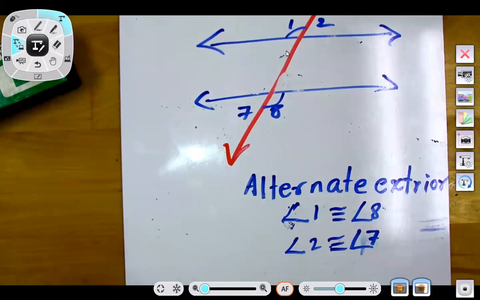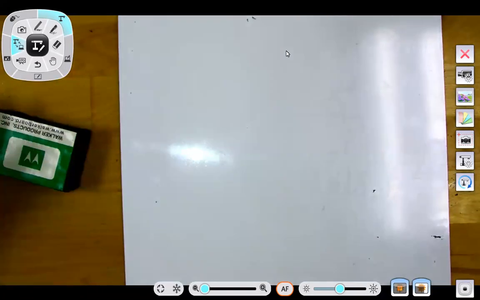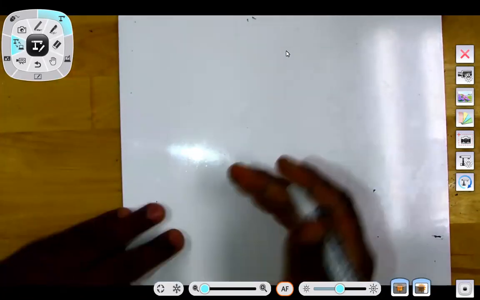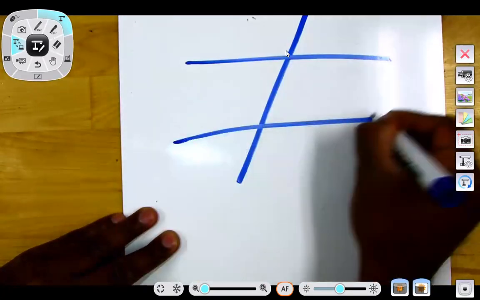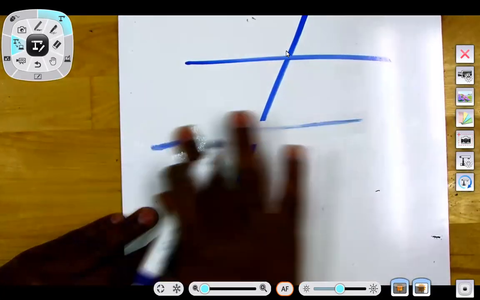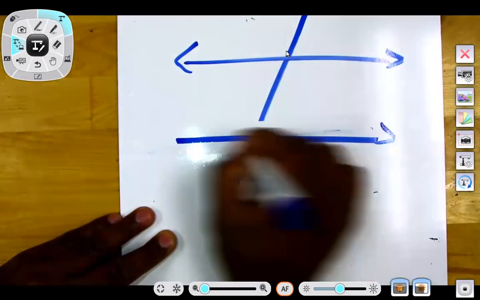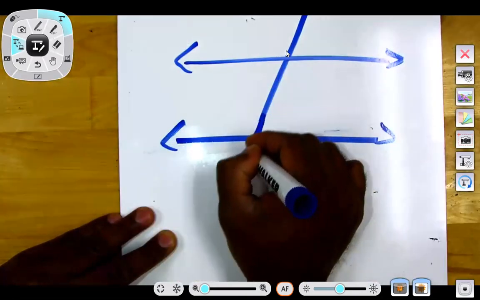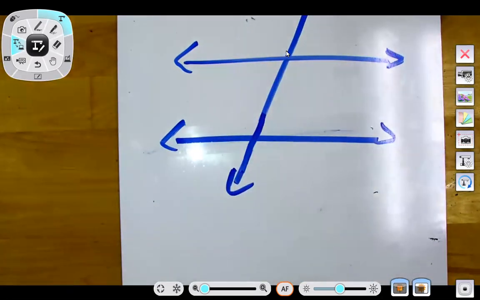All right. There's one more angle pair, which is not equal or congruent. But there's a speciality.